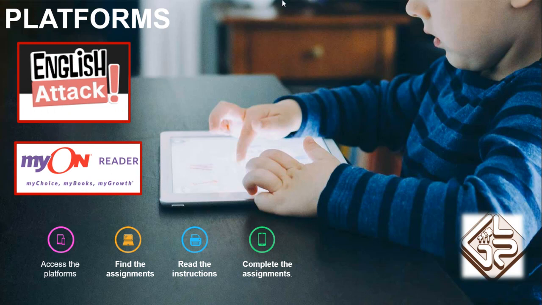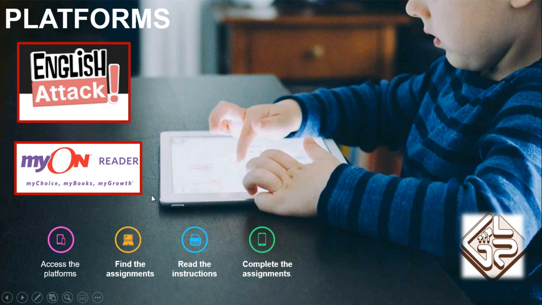Finally, please, guys, don't forget to check the platforms. First step, access the platform. The second one is find the assignment. Third is read the instructions. Why am I asking you to read the instructions? Especially in MyOn, you will be given a writing task.